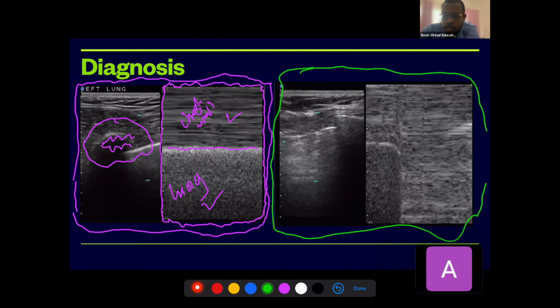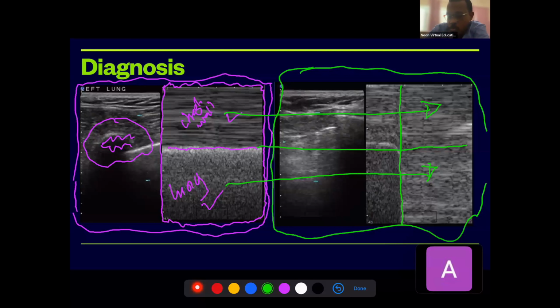This is the area of the pneumothorax, okay? Exactly, the probe is here. But you cannot differentiate lung tissue, no lung tissue here, okay? You cannot differentiate the chest wall, and also, very important, you have no pleural line.